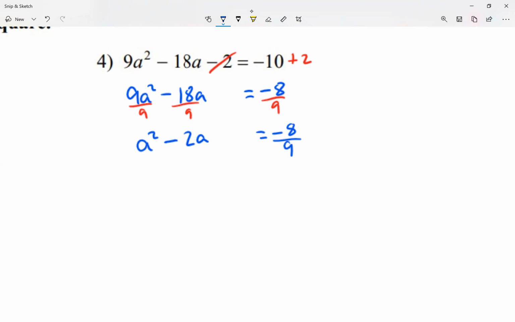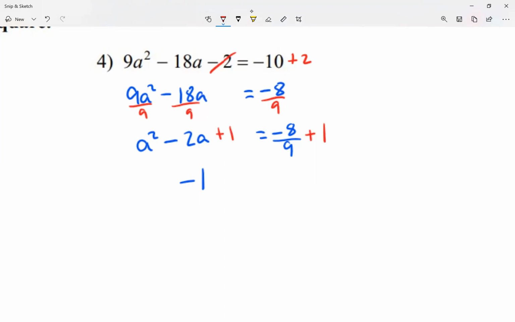So I look at the first number, which should be a 1, and it is. My second number is a -2. So I ask myself, what's half of -2? It's -1. What's -1 squared? Well, 1. So that means I'm going to add 1 to both sides.